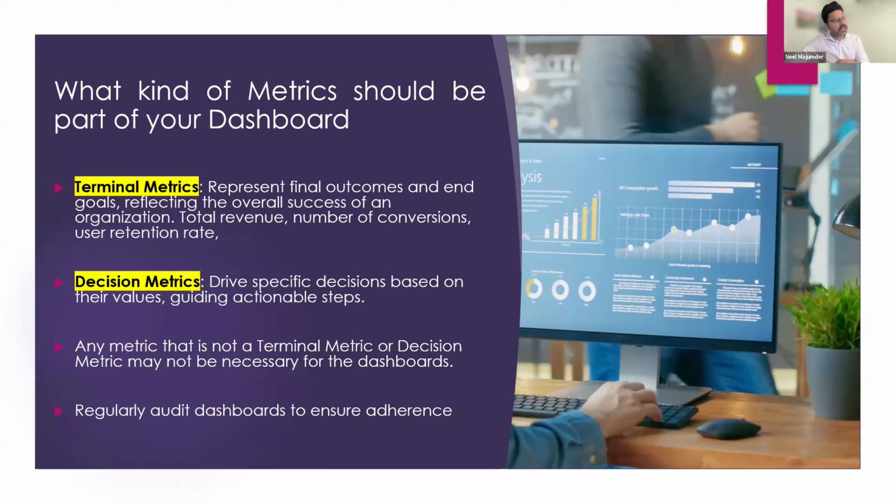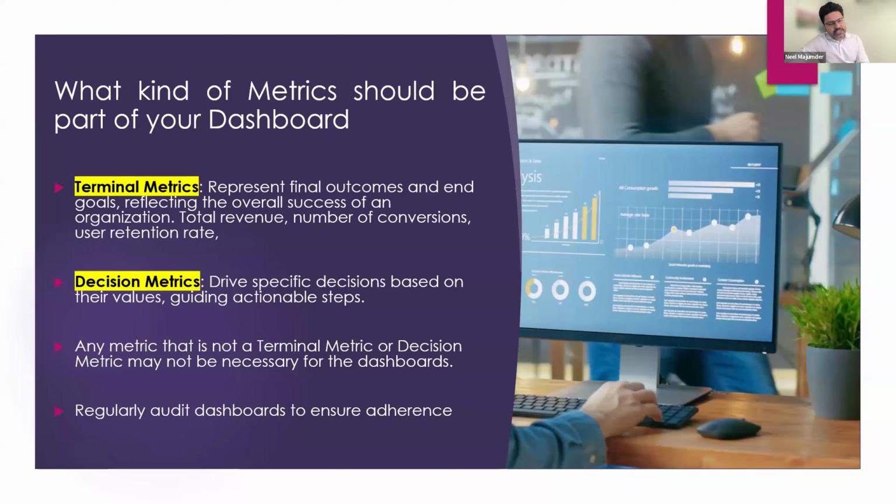And then the decision metrics, on which we can take actionable steps. For example, one of the decision metrics that we track is the percentage of organic users to all of these platforms. That means, is our search engine optimization working?